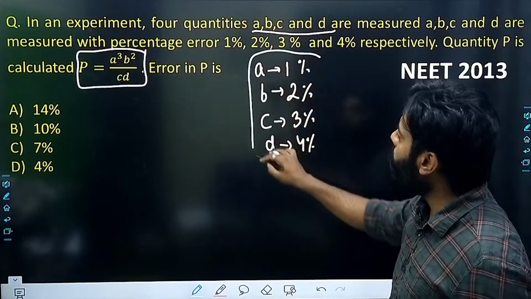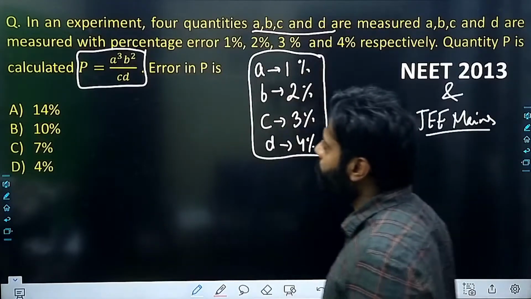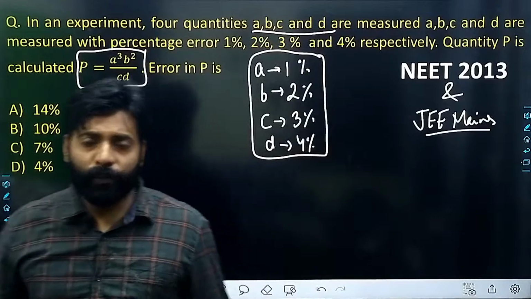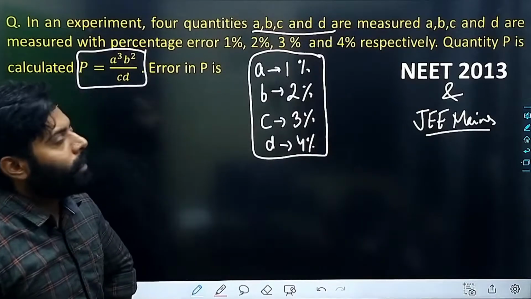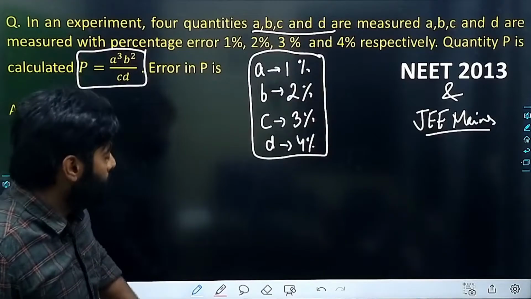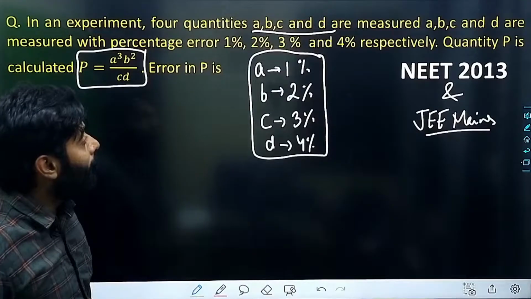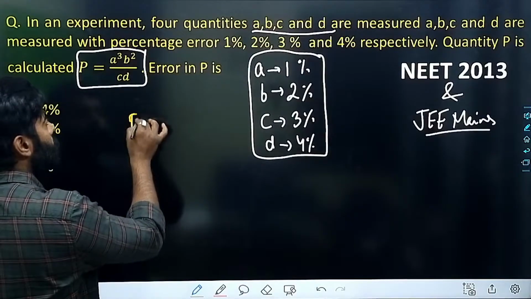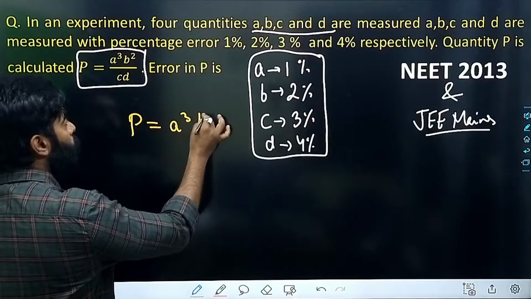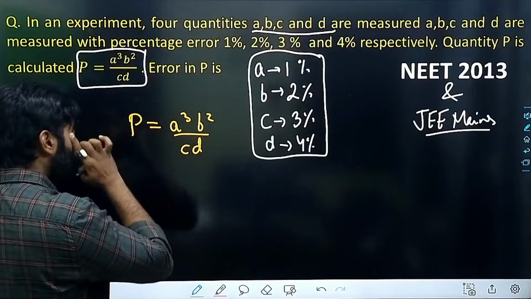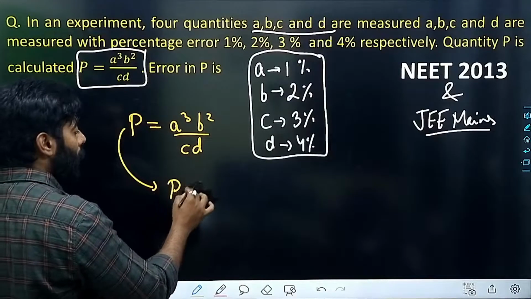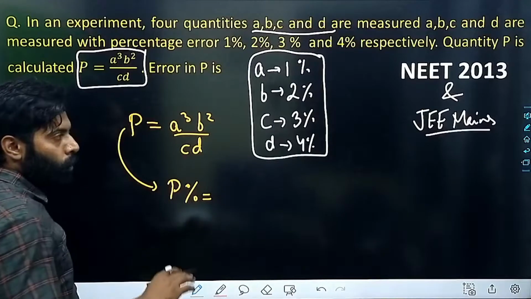So there are 4 quantities basically when we are calculating P. And to calculate P, we have the formula with us. P is equal to A cube B square CD. So if you want to get the total error in P, very simple.